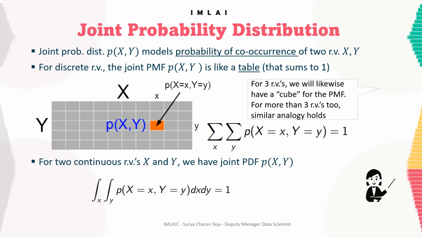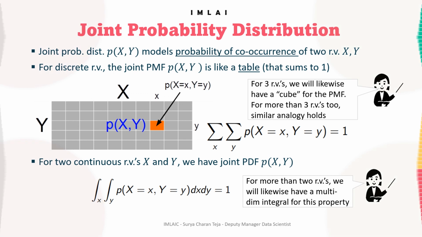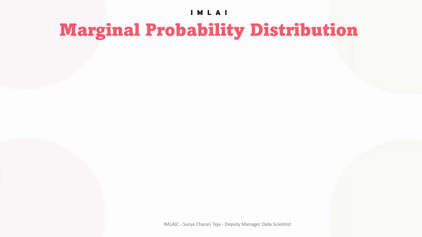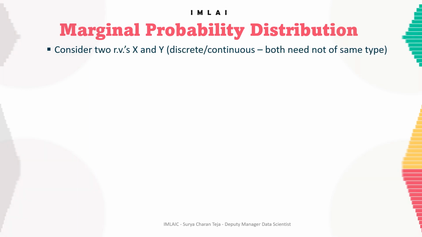Now it's time to move on to the marginal probability distribution. A marginal probability distribution is a probability distribution that gives the probability of an event or set of events occurring.